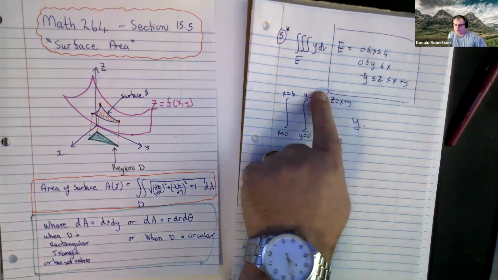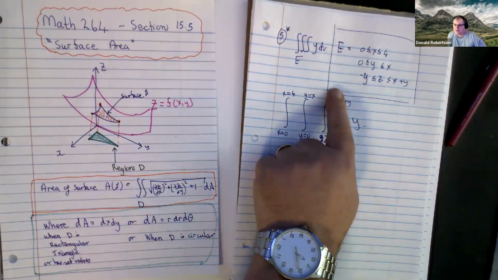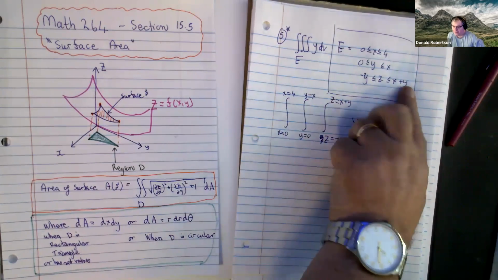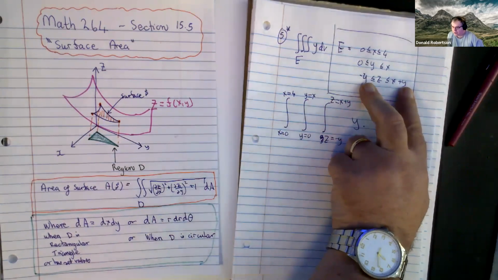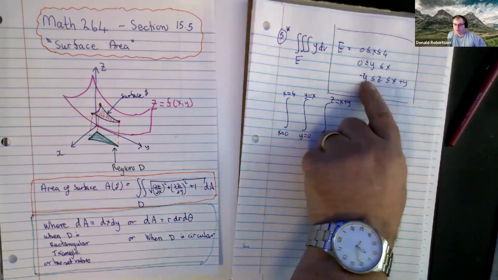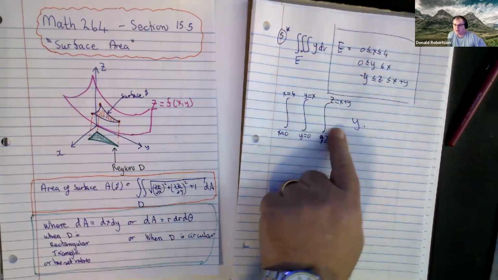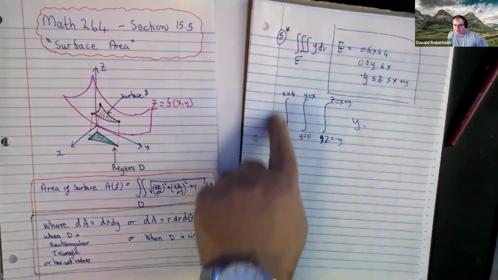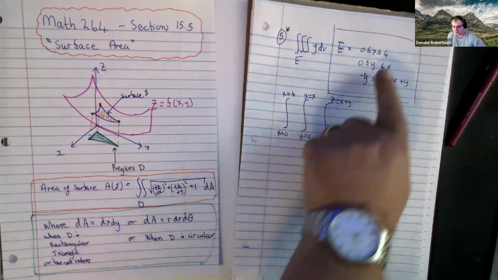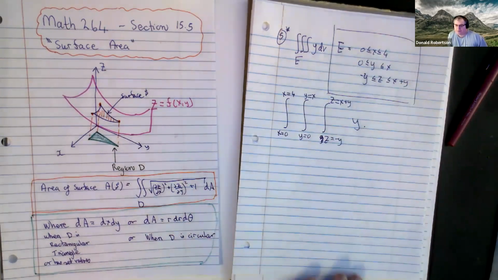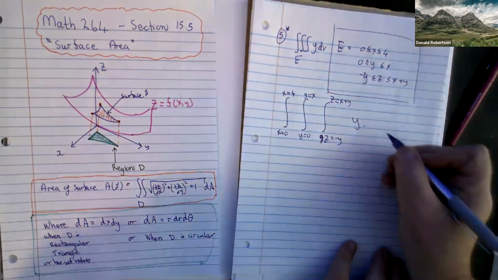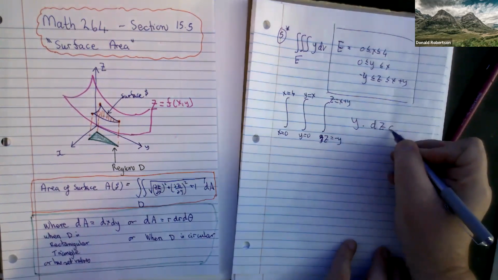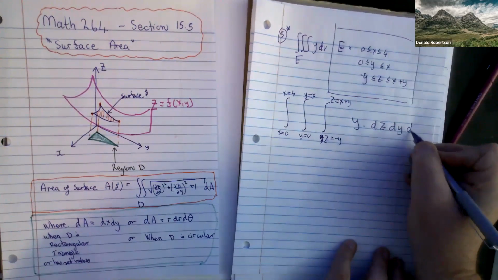The ugliest one always goes first. The ugliest one to me means the one with all the variables in it. You see how this has got x's and y's in it and z's, right? It's got all the variables in it. Make that one go there. The numbers have to go at the end, and whoever's left goes in the middle. So that's maybe the simplest way to think of it. Now in this case, dz, dy, dx.